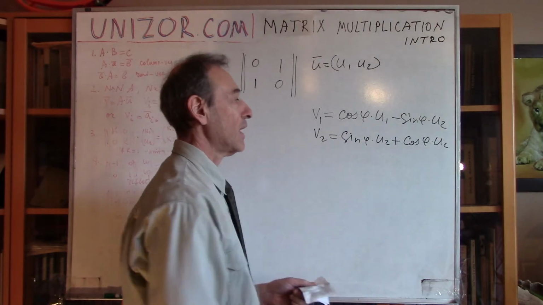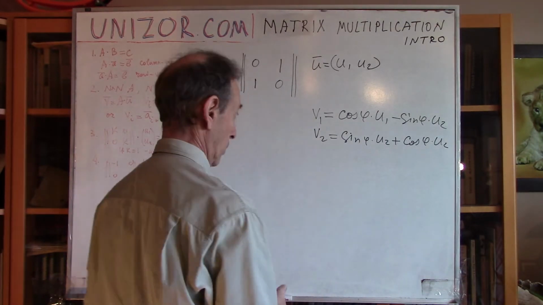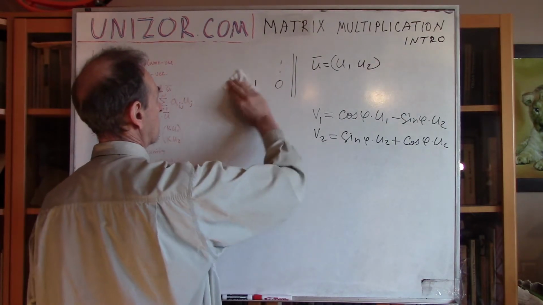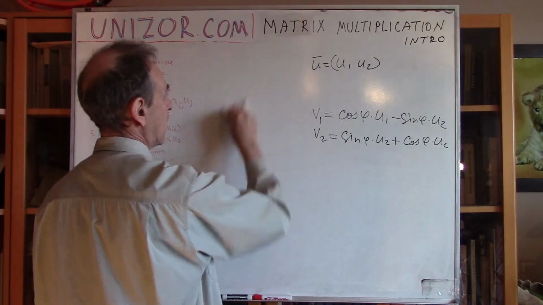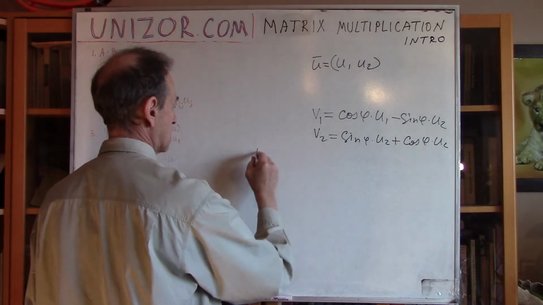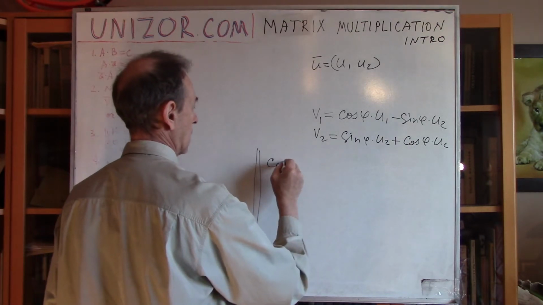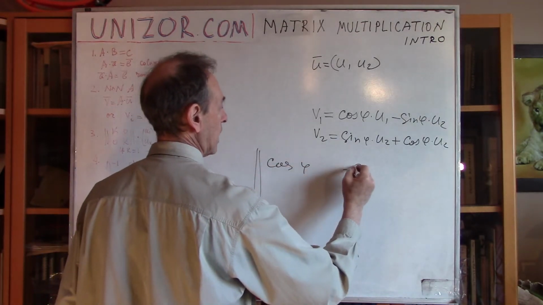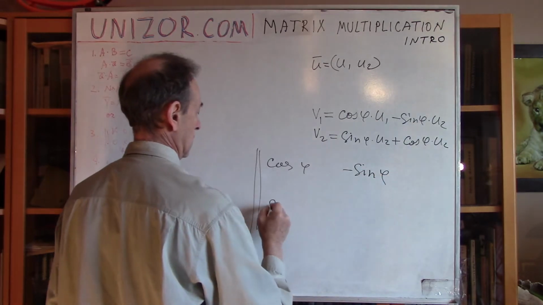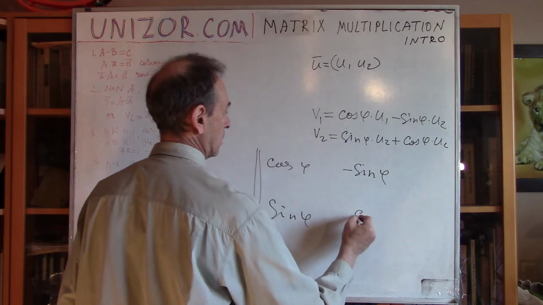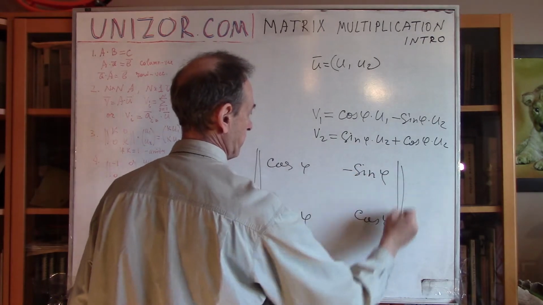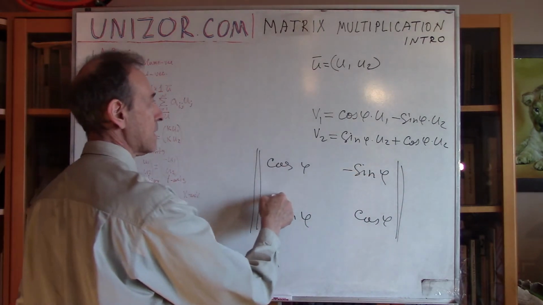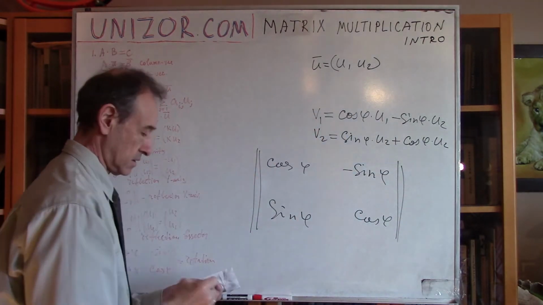Now, can I specify it in the matrix format? Well, obviously yes, I can. This is the matrix: cosine phi, minus sine phi, sine phi, cosine phi. If I multiply this matrix by this vector, I will get this vector, right?